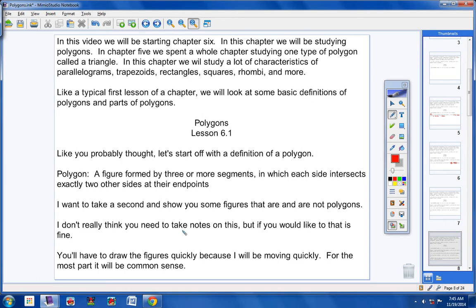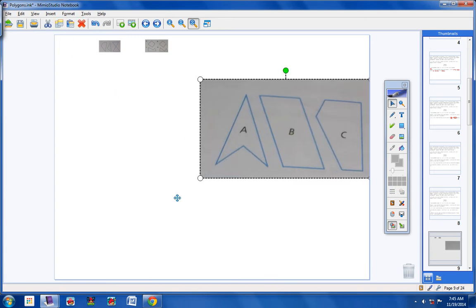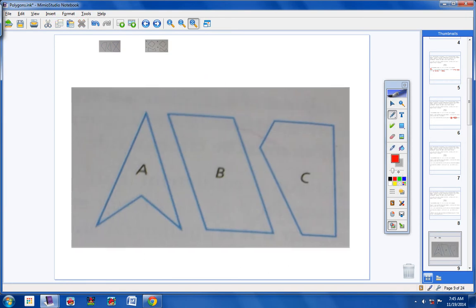But for the most part, it'll be common sense. Okay? Here we go. Now, I want you to listen to me carefully. All three of these figures here are polygons. Now don't fall asleep on me and don't think this is dumb, okay? I want you to listen, okay?